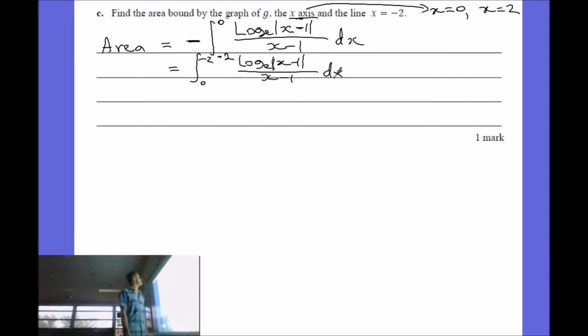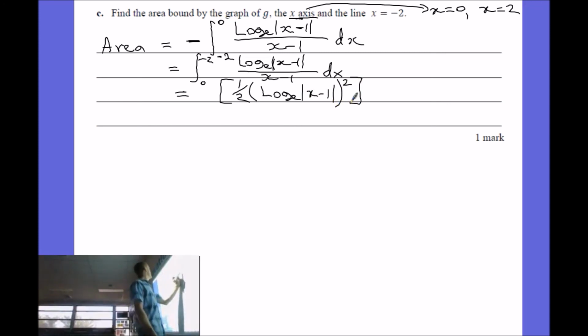Okay, like so. And the antiderivative was this: half natural log modulus x minus 1, modulus, all squared. We're going to evaluate that from 0 to minus 2.